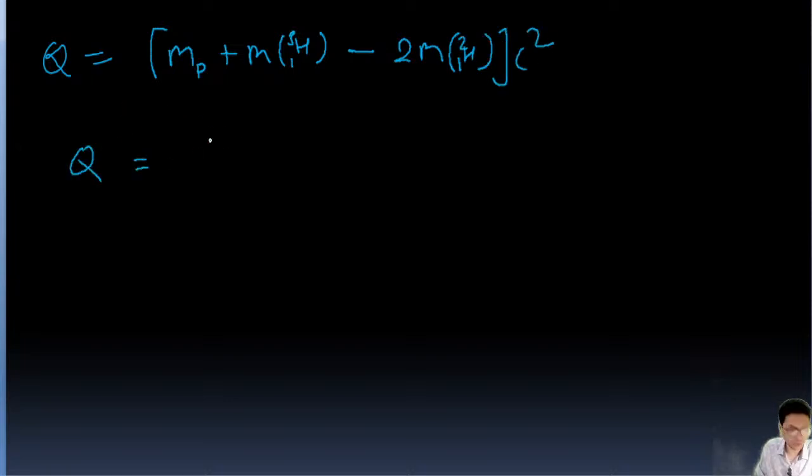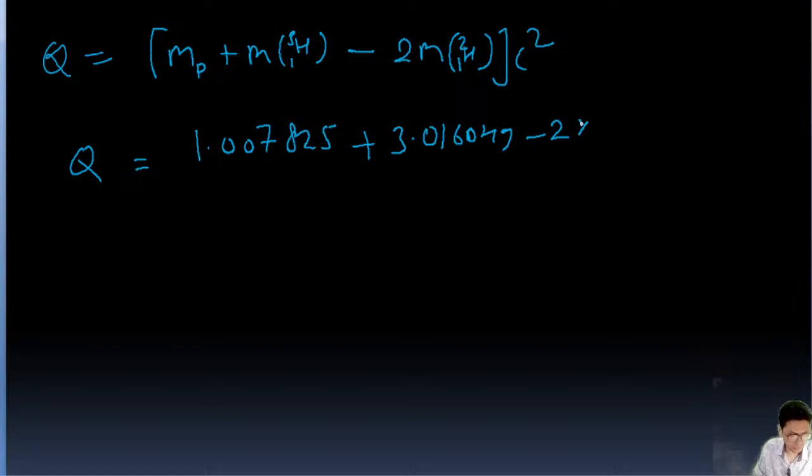So the Q value is going to be 1.00785 plus 3.016049 minus 2 into 2.014102, into c square.